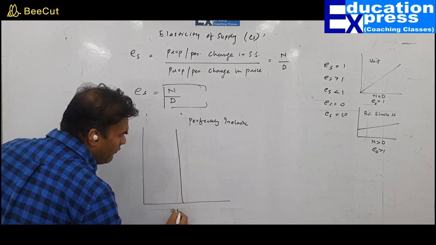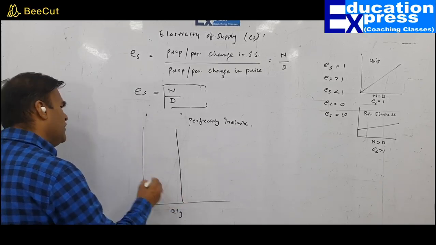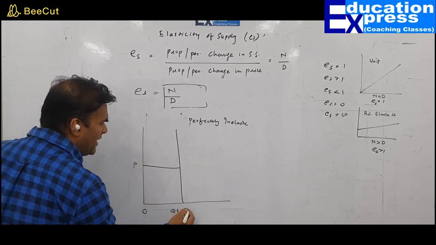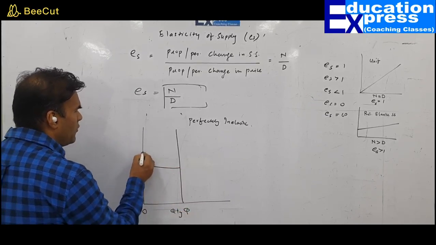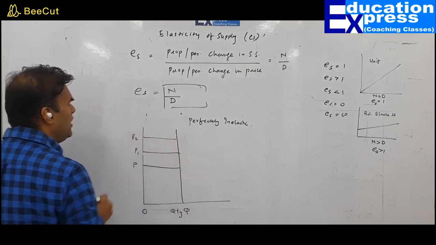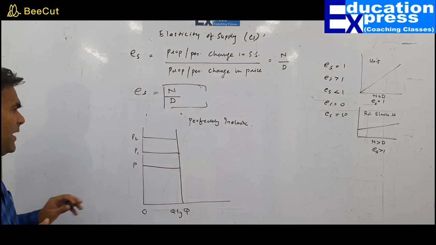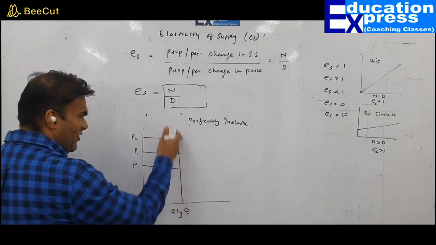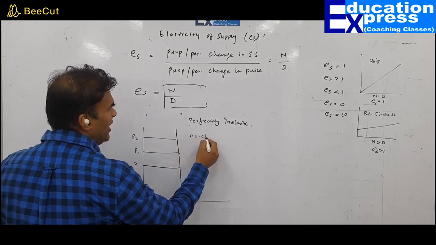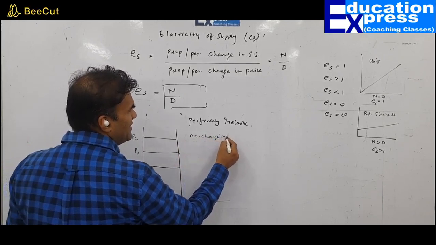That means the quantity supplied before and after remains the same. It does not matter even if your price rises from OP to OP1 to OP2 or OP3 or to any level. My supply will remain the same, adamant. That means no change in supply.